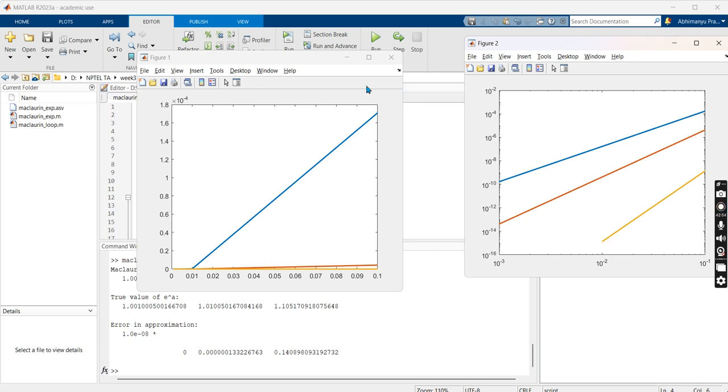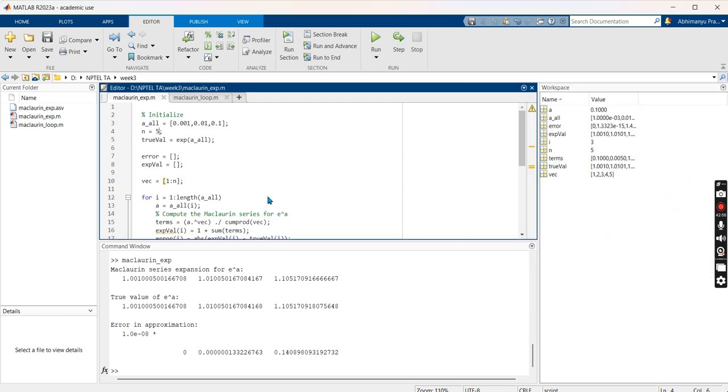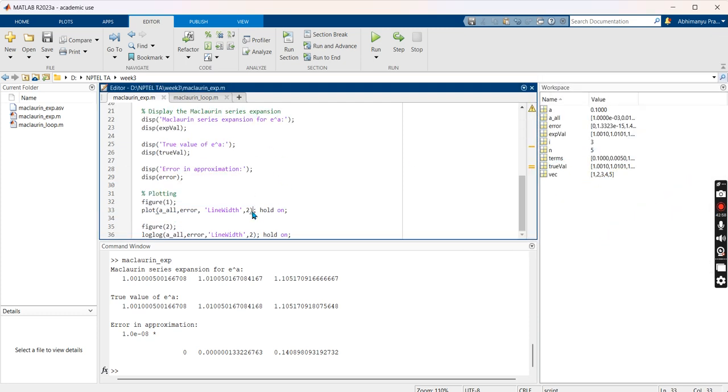Why are there two values over here? Okay, I will add different plot points also.